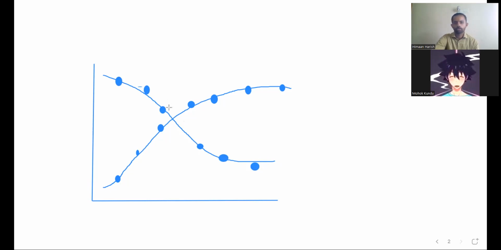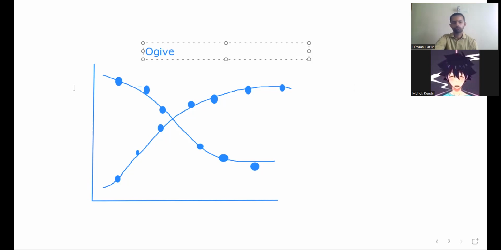So this is a representation of an ogive. I'll explain it going forward. There are two methods of ogives here.